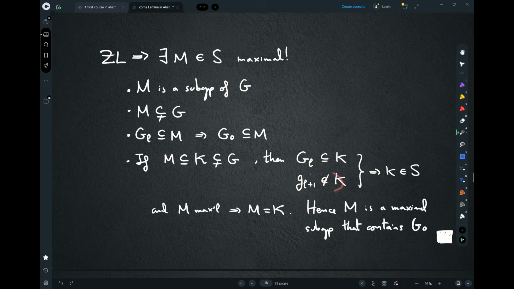So this cannot be in K, and therefore K itself is also in our set S. Since we know that M was maximal in S, then this containment tells me that M has to be equal to K, and therefore M is not just maximal in S, M is a maximal subgroup of G that contains G_0, which is what we wanted to prove.